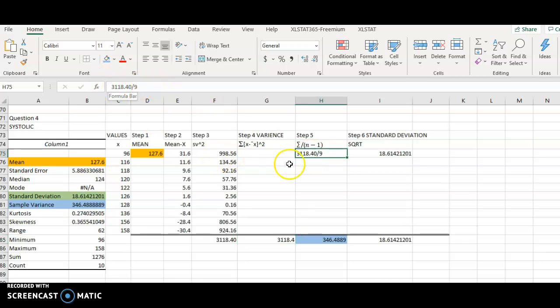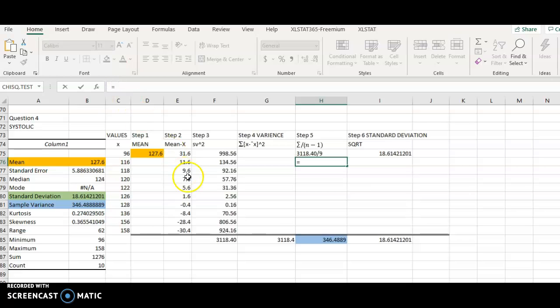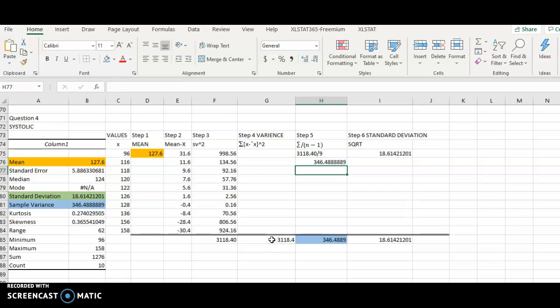So if you wanted to do that, the formula would be equal the cell divided by 9, enter, and it gives you the same number, right? There you go. So here it's a circular formula.